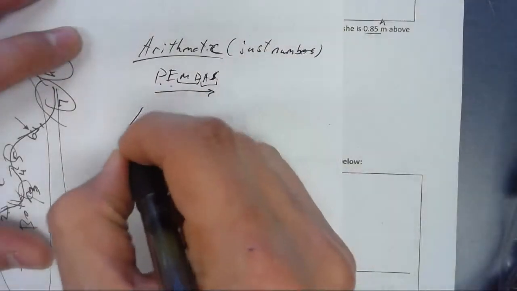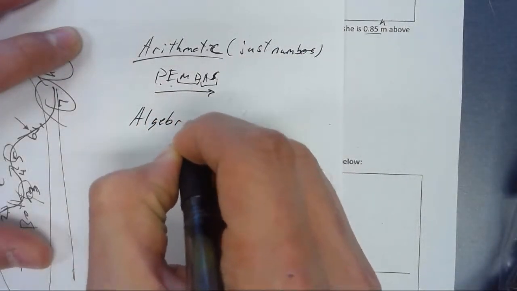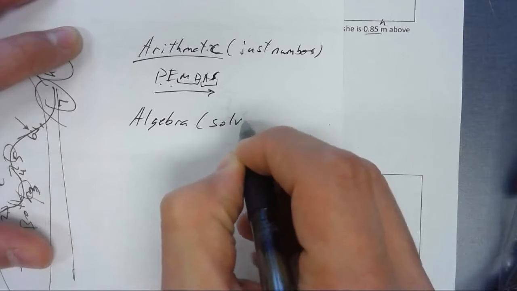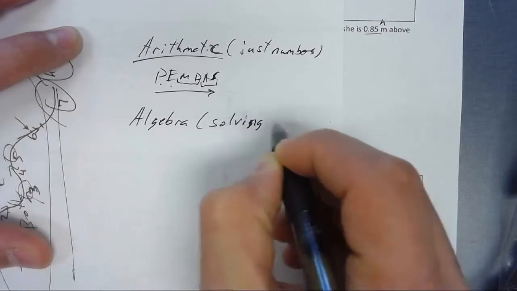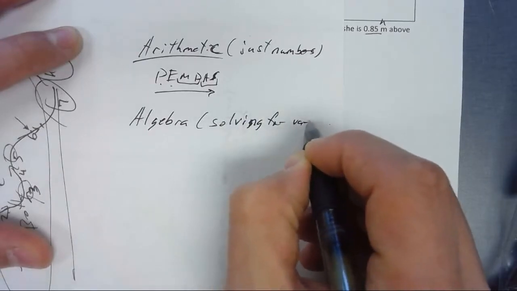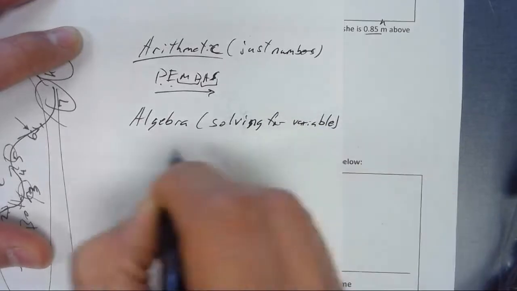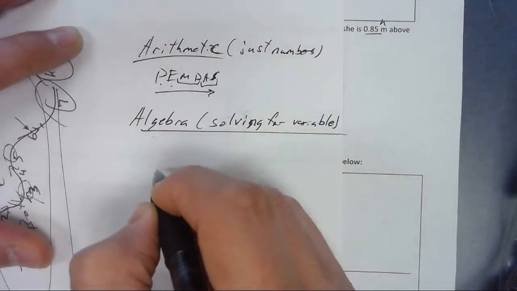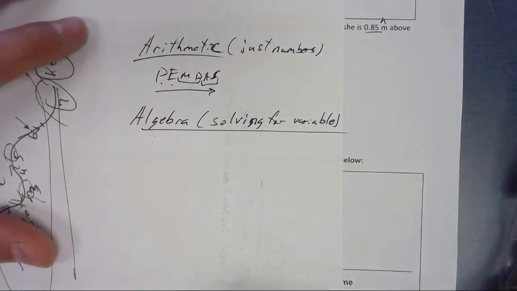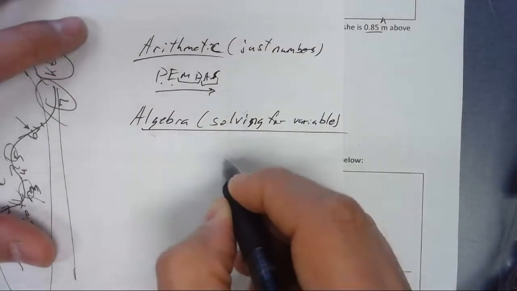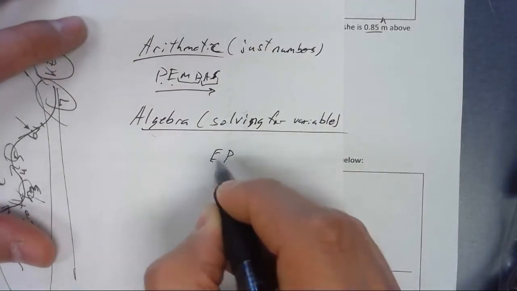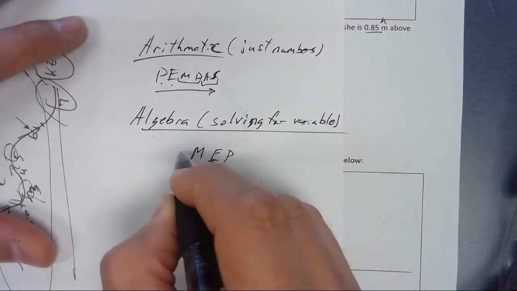But when we're actually doing algebra, when we're solving for a variable, it's like PEMDAS in reverse, right? So when we do PEMDAS in reverse, this is kind of fun.